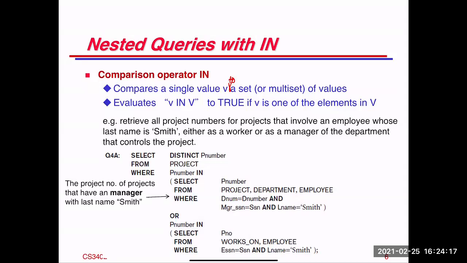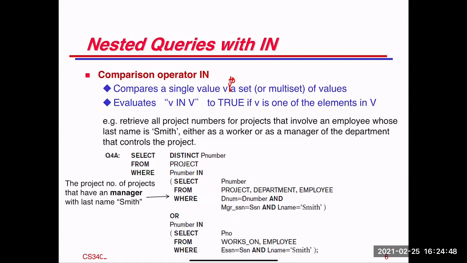That gives us the join between the three. Then we also have this condition that the last name should be Smith. So we're selecting all project numbers that are managed by someone with the last name Smith. That's just what this nested query does.